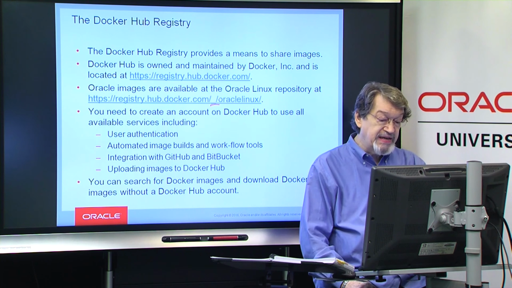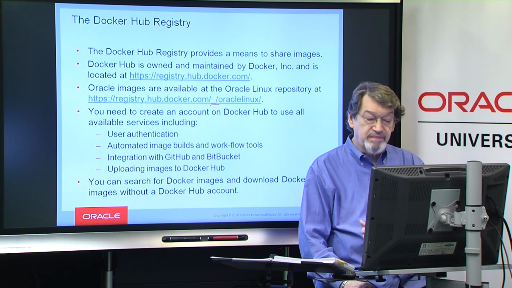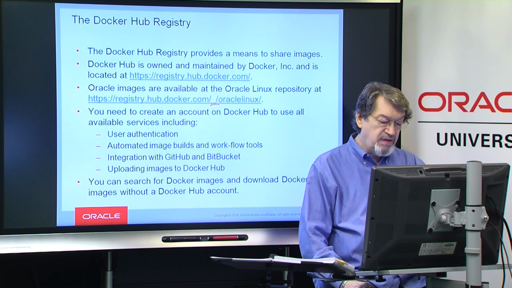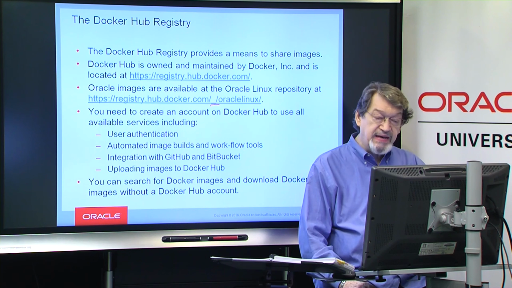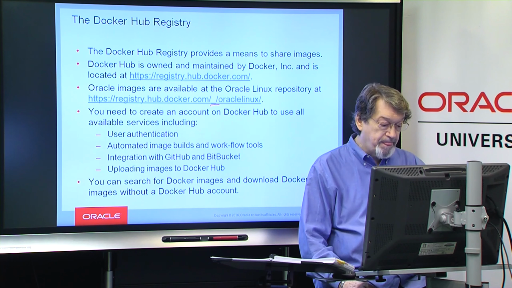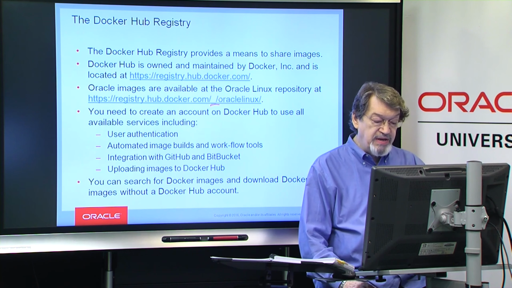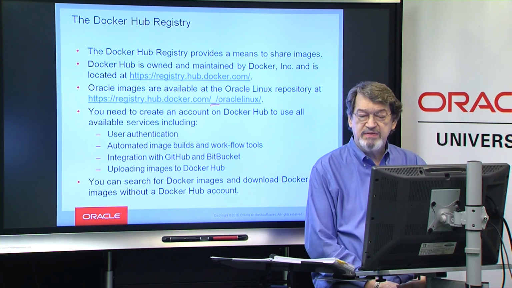You need to create an account on Docker to use the available services: user authentication, automatic image builds and workflow tools, integration with GitHub and Bitbucket, and then loading images into the Docker Hub. So once again, you've got to go through an approval process.